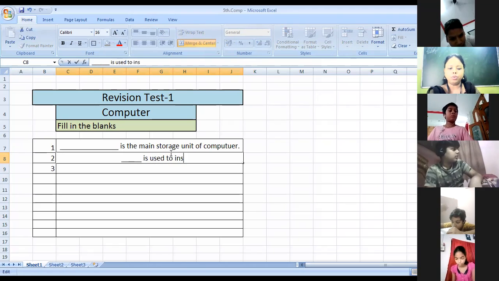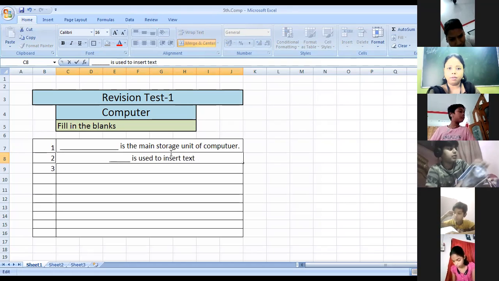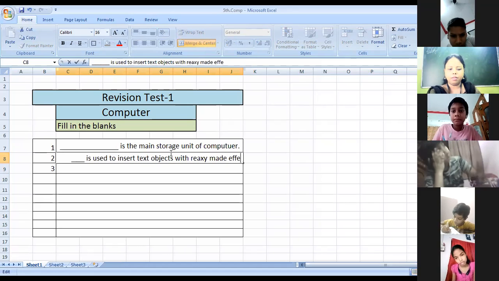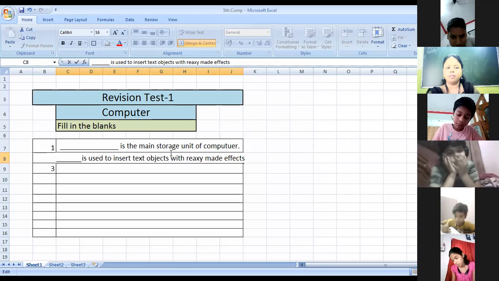Question 2: dash is used to insert text, objects with ready-made effects.